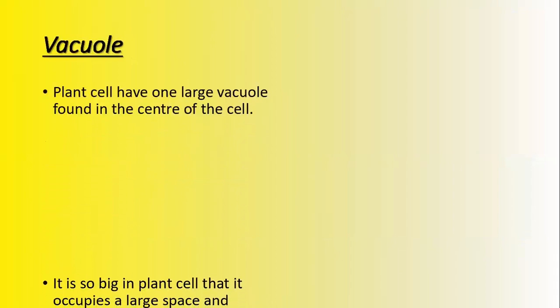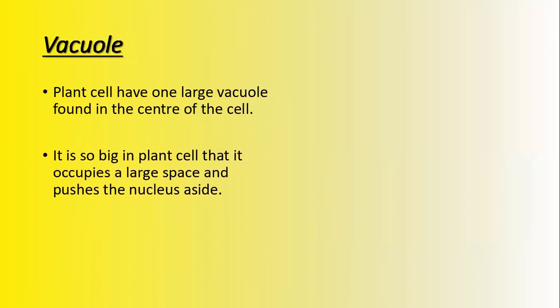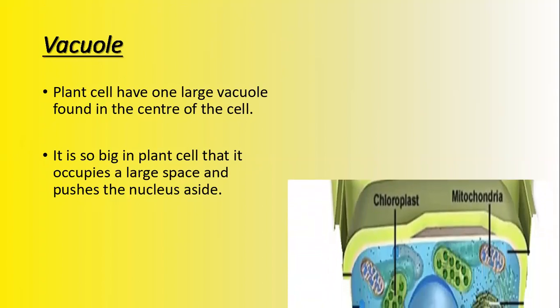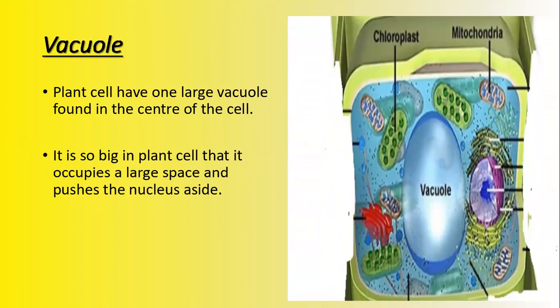Now, vacuole. Plant cells have one large vacuole found in the center of the cell. It is so big in a plant cell that it occupies a large space and pushes the nucleus to one side. This is the shape of the vacuole.